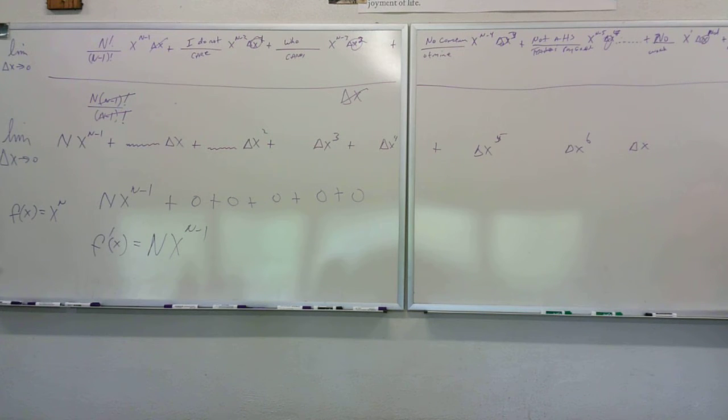You could if you wanted to, you just don't have to. N minus 2 factorial. You can write them out there, but you don't need them. And that's the proof of the very first rule.